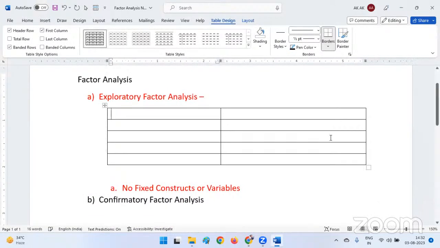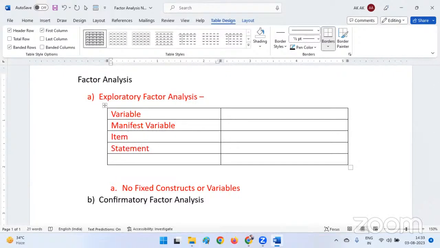When we say variable, we say it is a manifest variable. So variable, manifest variable, item, statement: these four are one and the same thing.